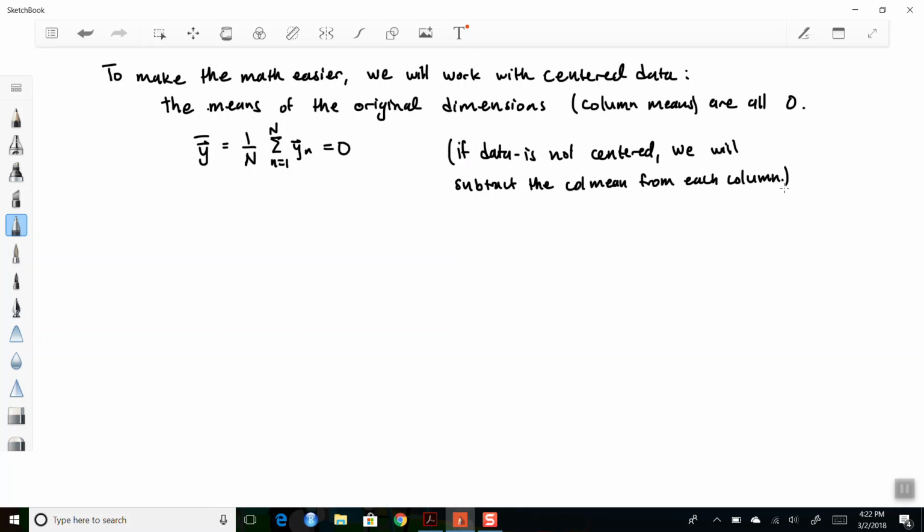Okay, so we will start our PCA by finding our projection for the first dimension, okay?